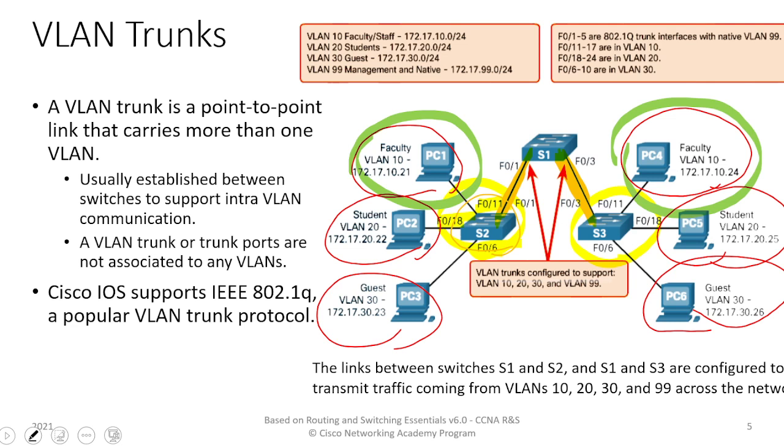So for that communication to happen, the information should be able to travel from switch 2 to switch 1 to switch 3 seamlessly, carrying the VLAN information. So that's why these connections need to be able to handle that information. So that is what we identify as a VLAN trunk.